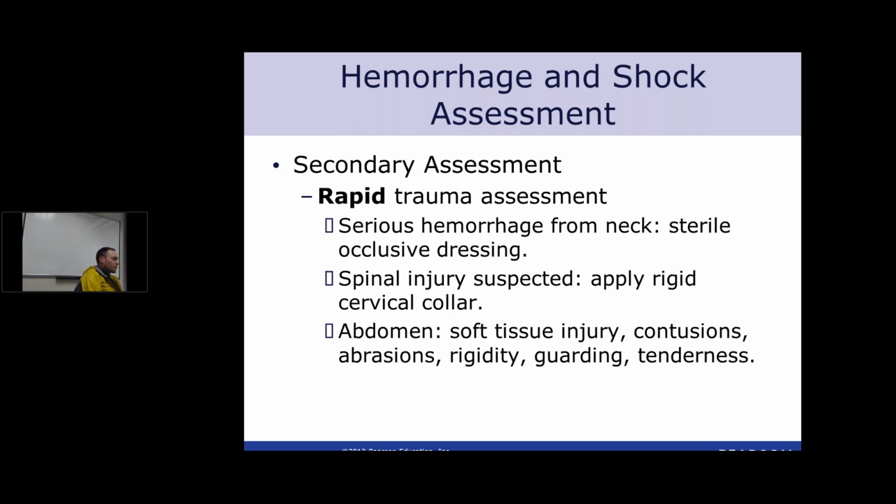But like we talked about before in the head neck lecture, if you've got serious hemorrhage from the neck, it's important to have an occlusive dressing, not just a gauze dressing or whatever, but it needs to be occlusive so that air can't get into it or through it.